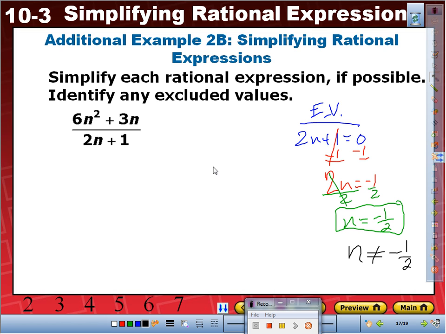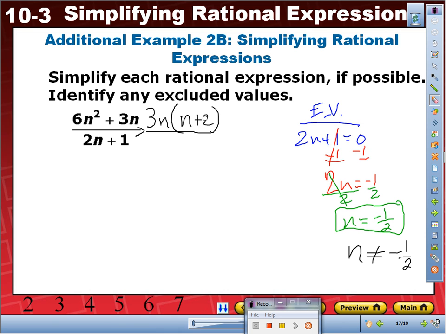Are we there so far? Next, let's look at this. Can we identify a GCF between these two? No. Can we find a GCF though for the numerator? Yes. What's the GCF for the numerator? 3n, and we're left with n plus 2. Oh, my bad. Plus 1, sorry.